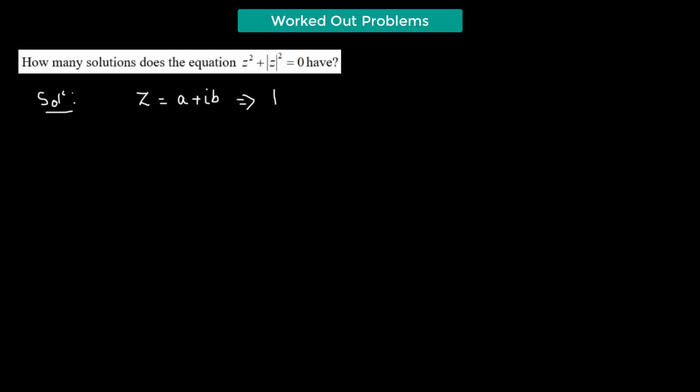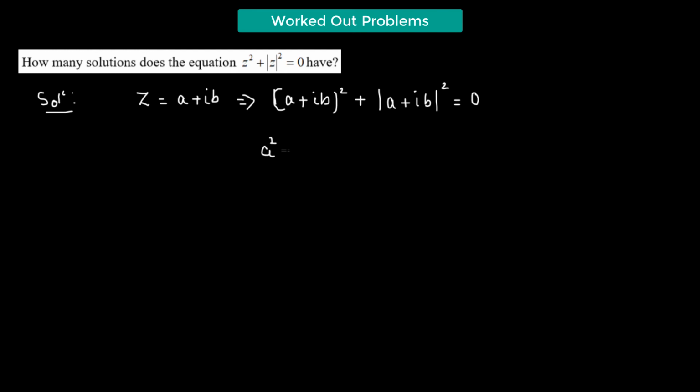So we have a plus ib whole squared plus the absolute value of a plus ib squared equals 0.